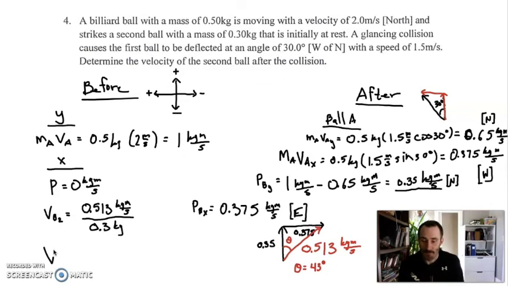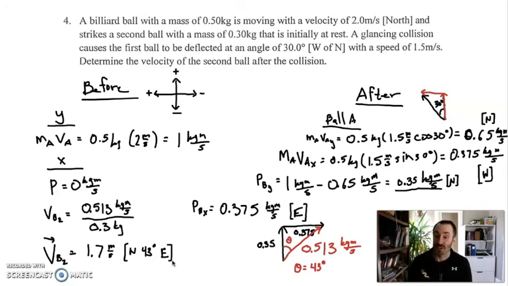So we get velocity of ball B at the end, it's a vector, is equal to 1.7 meters per second north, 43 degrees east. So this is just another strategy you can use.